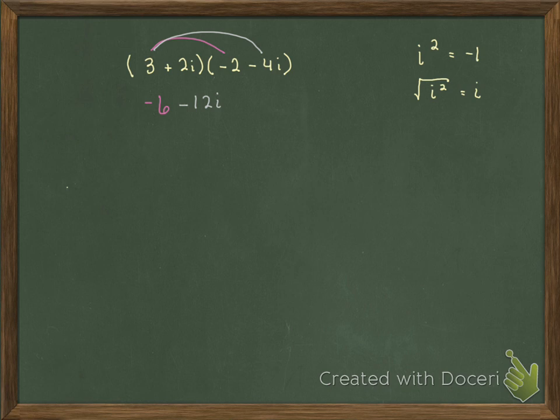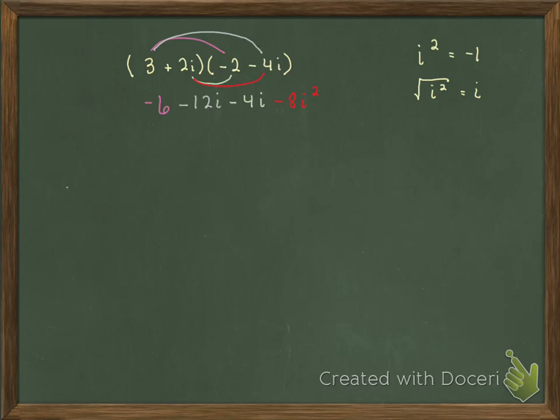Then we will go from the positive 2i times negative 2, which is negative 4i. And then finally, we'll go from the positive 2i to the negative 4i. So positive 2 times negative 4 is negative 8, and i times i is i squared.